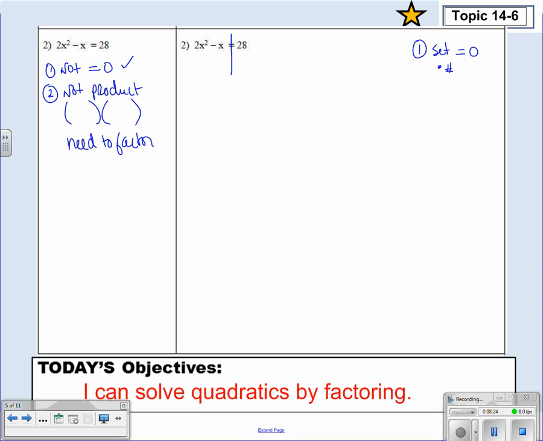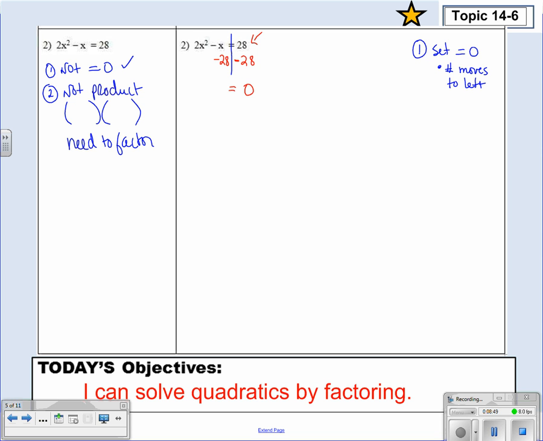So the number moves to the left. And what I mean by that is this right side, we want it to come out to be equal to 0. So I ask myself, what would I have to add to 28 in order to make it equal to 0? So I can add a negative 28, or I can subtract 28 from both sides.